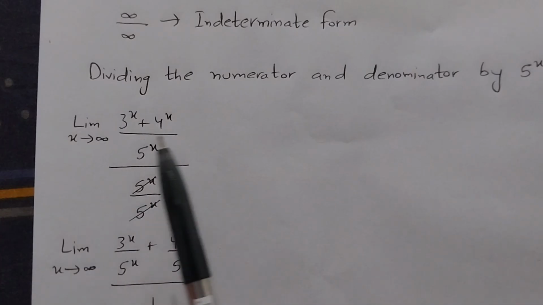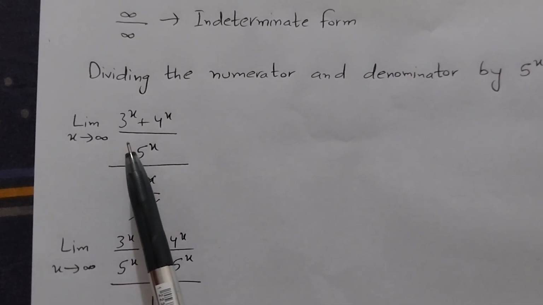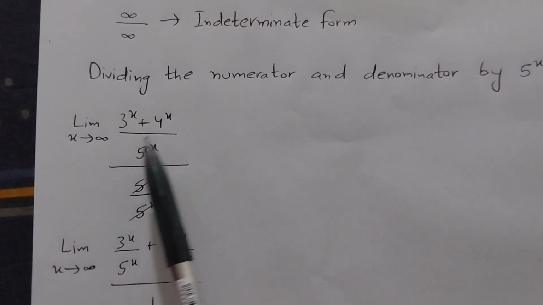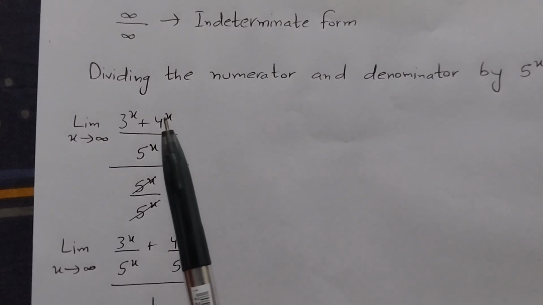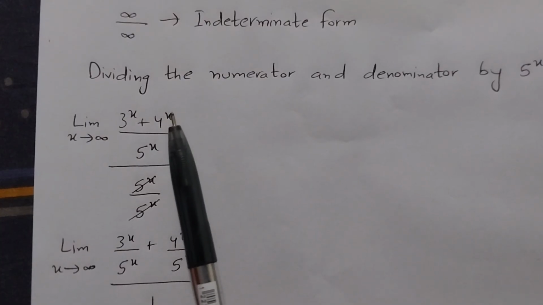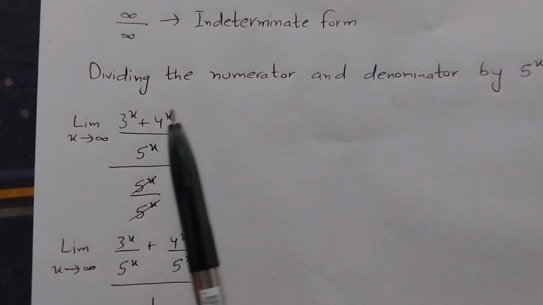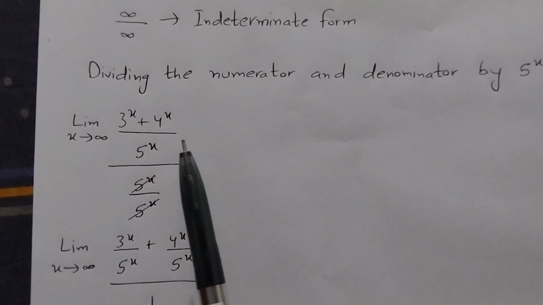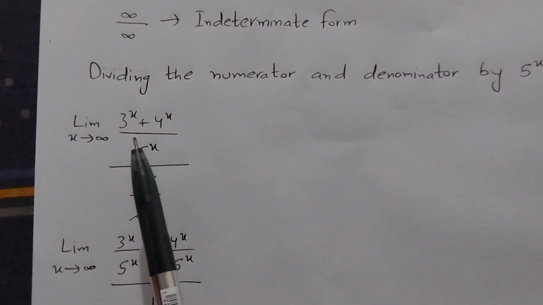But if we divide by 3 raised to power x, or let's say 4 raised to power x, that won't make things easier, because in the numerator there are two terms, and if you divide by 3 raised to power x, you'll get 1 plus 4 over 3 raised to power x. Since 4 over 3 is greater than 1, a number greater than 1 raised to power infinity is still infinity. So you'll get infinity plus 1, which is infinity.